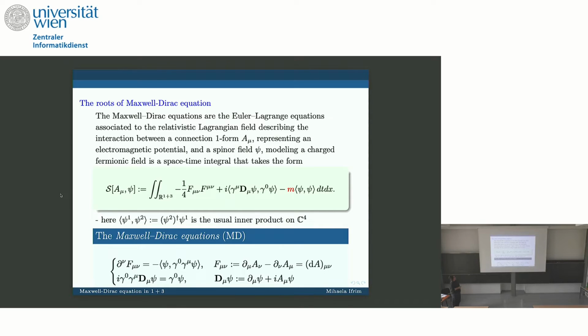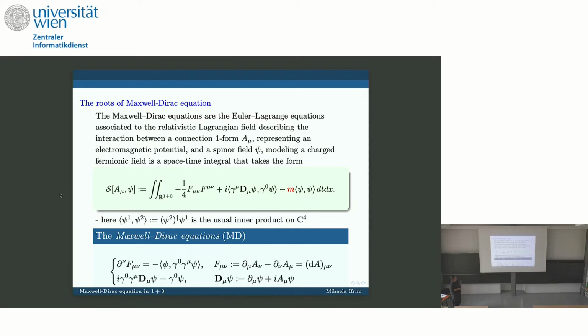This shows you the interaction between this connection 1-form A mu, your electromagnetic potential, and a spinor field psi, and shows exactly how the interaction between those two quantities is going to happen. Here I put the mass in red, because our equation has mass in it, so it's Maxwell-Dirac with mass, the massive one.